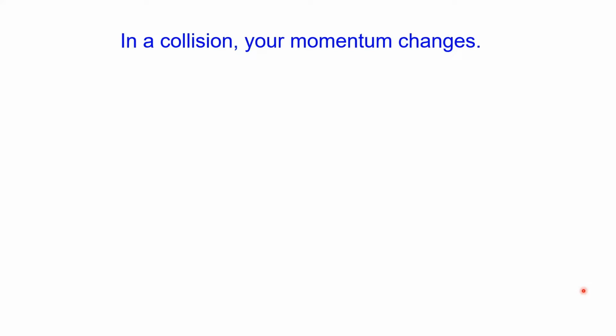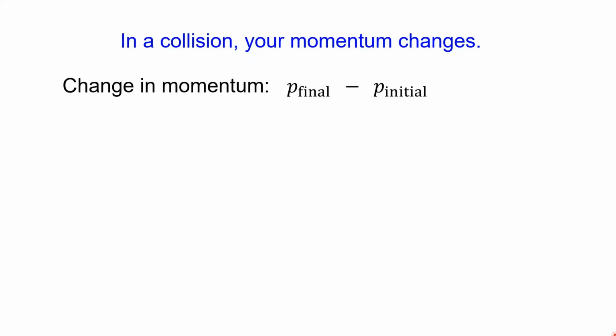So in a collision, we know that our momentum changes. That's just going to happen. So I'm going to define change in momentum as the final momentum you ended up with minus the momentum you had right before the crash. So this is before the crash, and this is right after the crash. All right, it's simpler if we just write it like this.